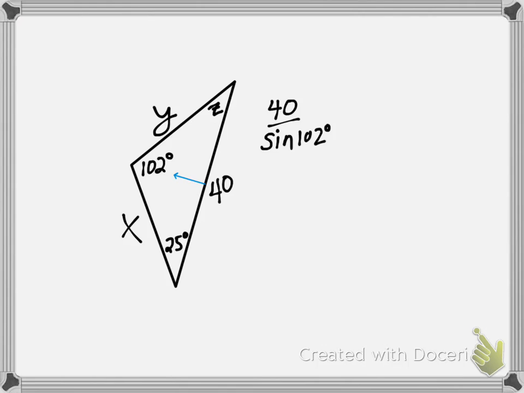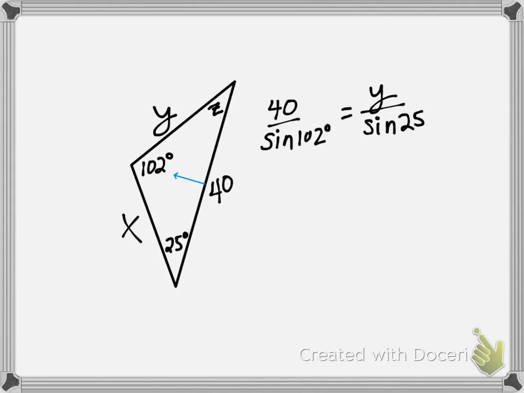Do you see this 25-degree angle is opposite of the y? It's way over there, our opposite side. So we could, in fact, solve for that one. So we'll put y over the sine of 25 degrees.